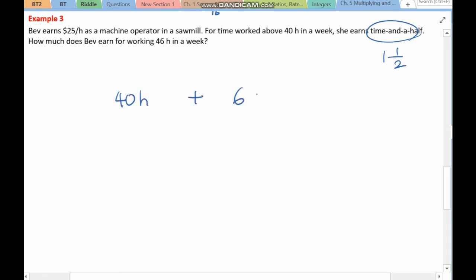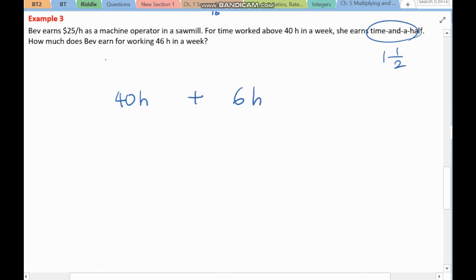Example 3. Bev earns $25 per hour as a machine operator in a sawmill. For time worked above 40 hours in a week, she earns time and a half, 1.5. How much does Bev earn for working 46 hours in a week? So the regular hours are 40 hours, and she worked 6 extra hours.